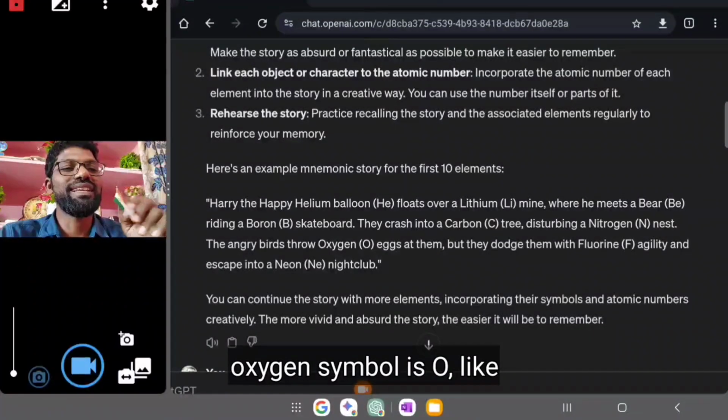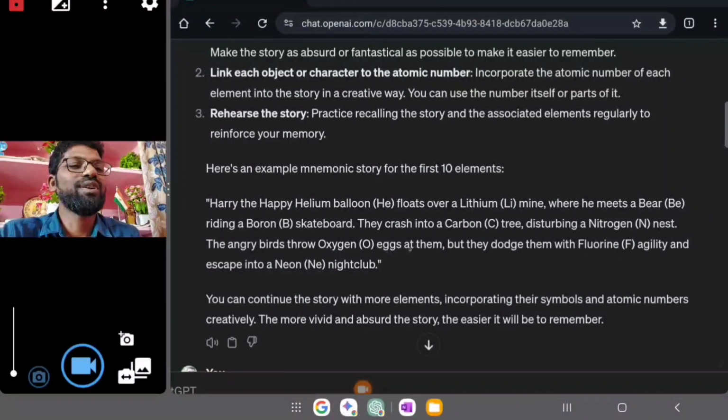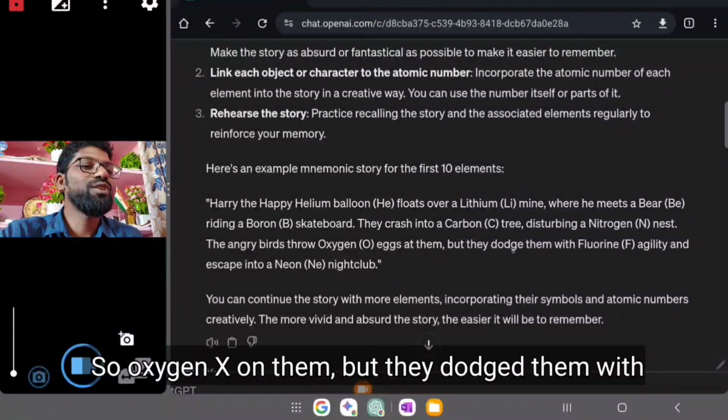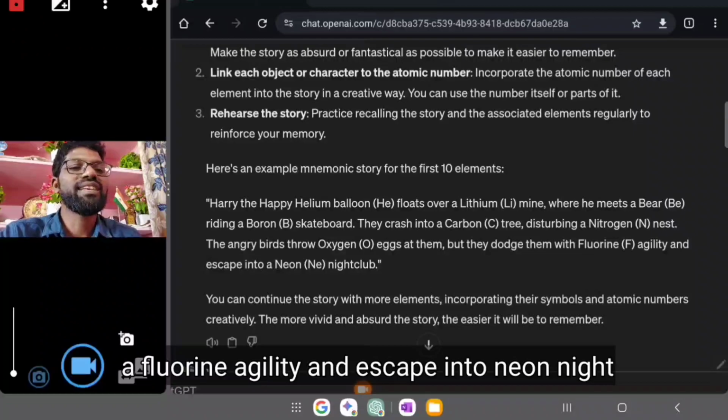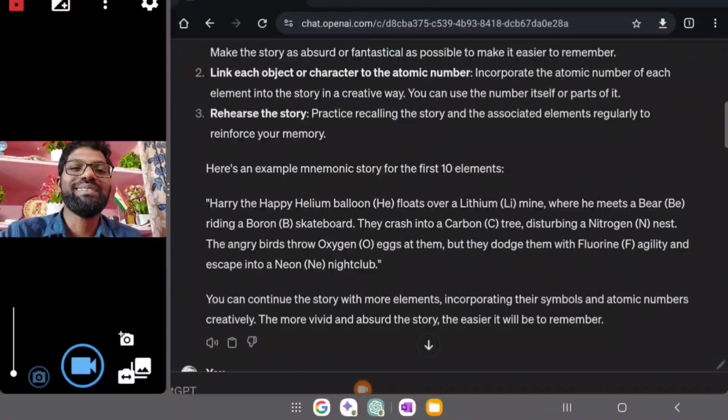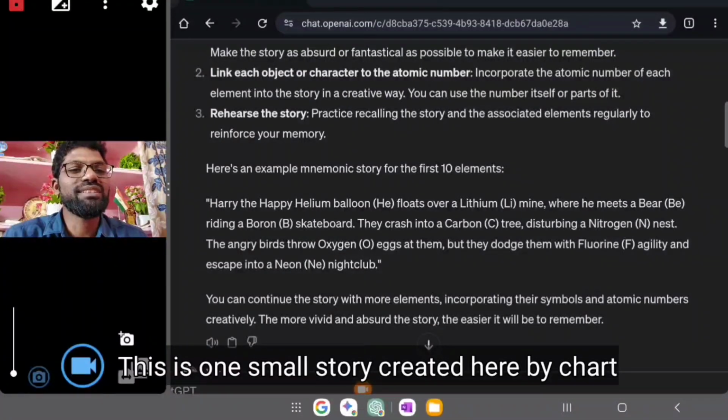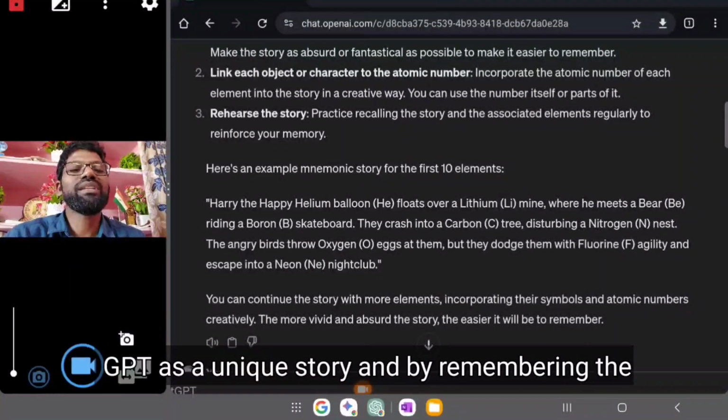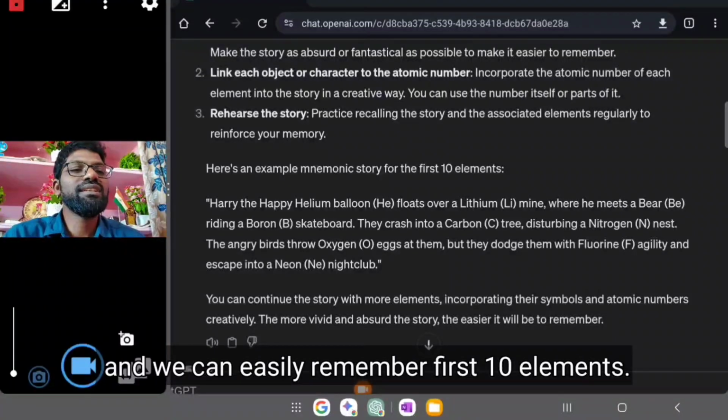O, just like an egg. So oxygen X on them, but they dodge them with fluorine agility and escape into a neon nightclub. This is one small story created by ChatGPT, and by remembering the story we can easily remember the first 10 elements.